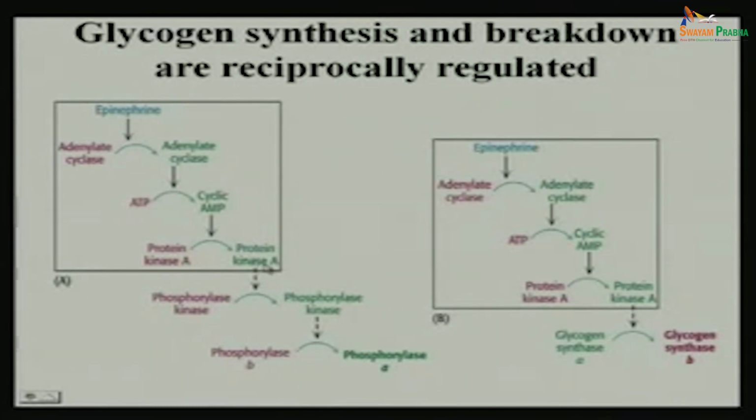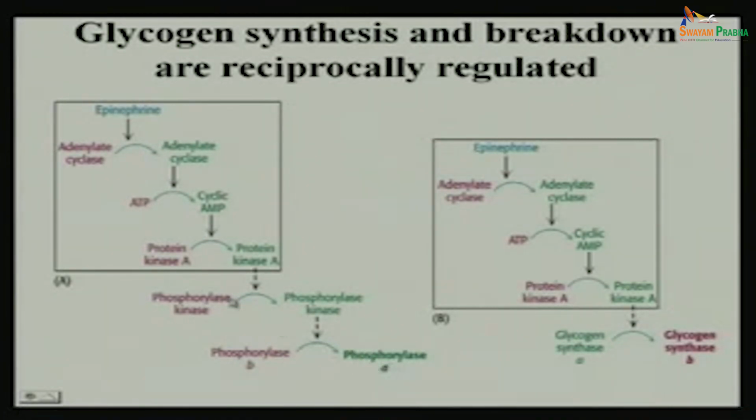When protein kinase is active, it regulates the phosphorylase kinase enzyme, and when this phosphorylase kinase is active, it converts phosphorylase B, the inactive form, to phosphorylase A form.